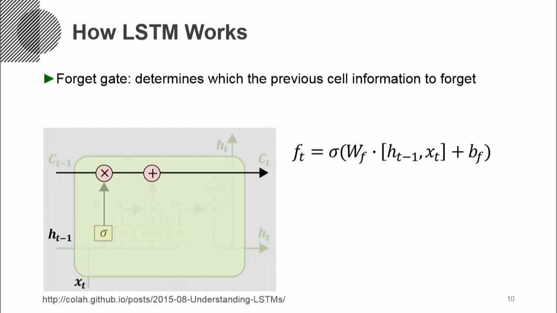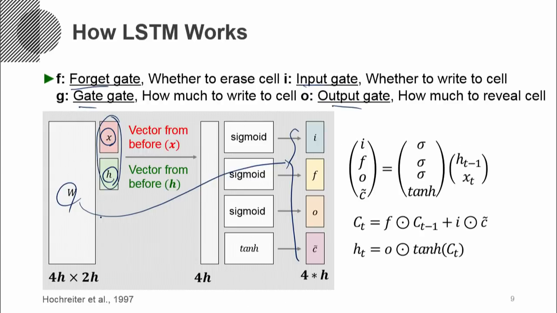So the first one, which is the forget gate, plays the role of determining whether the previous cell information should be forgotten or not. Suppose we have this cell information from the previous time step, and it is multiplied by the vector called the forget gate, which is the output vector generated by this linear transformation.